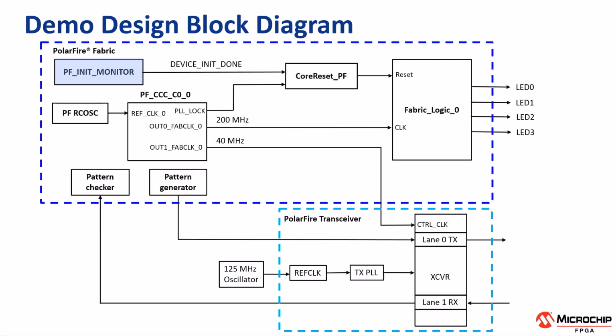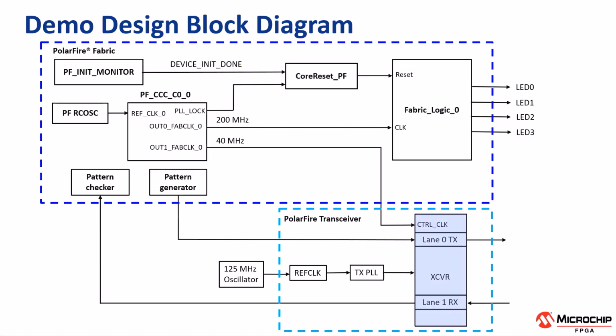The PF init monitor block monitors the device initialization sequence and asserts signals indicating that blocks have been initialized. The core reset PF block combines the resets from multiple sources, such as external general purpose IOs, PLL lock signals, and the PF init monitor block, and synchronously deasserts the reset to the downstream logic.